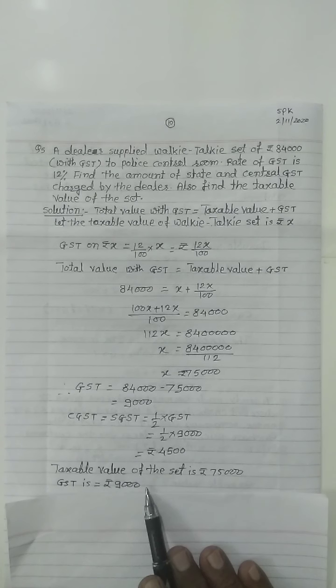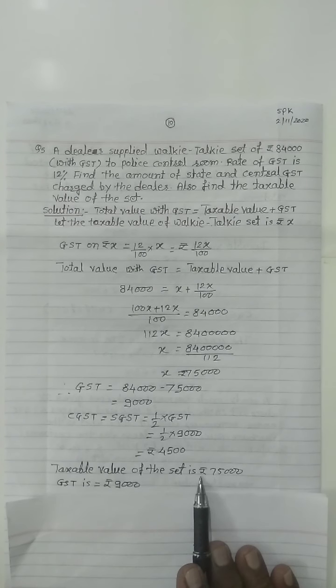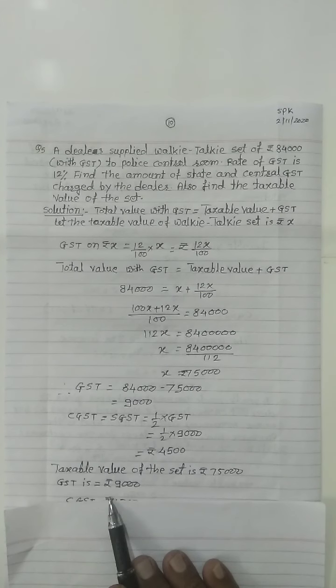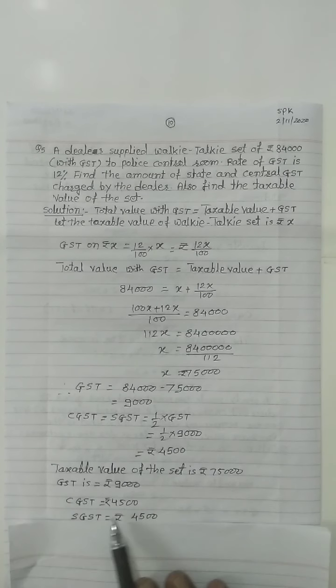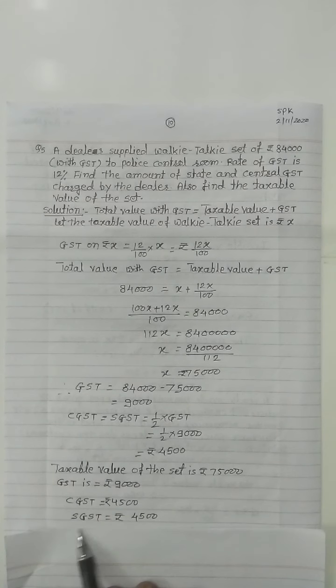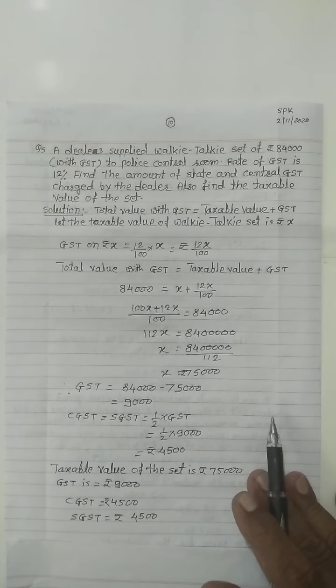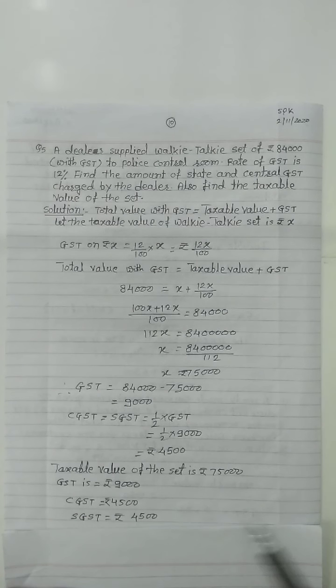The taxable value of the set is rupees 75,000 and GST is 9,000. CGST is 4,500. SGST is 4,500. In this way we find out the GST, CGST, SGST and taxable value of the set.